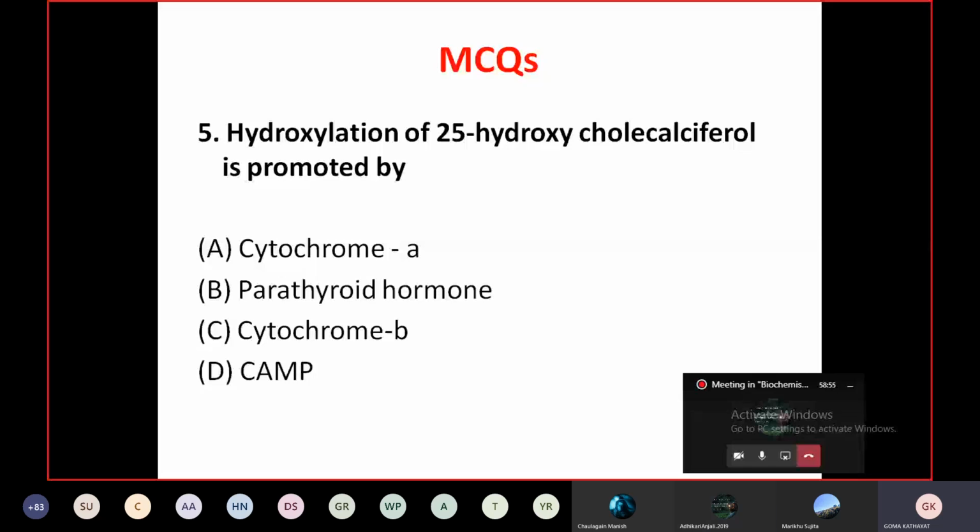B, parathyroid hormone. Okay, parathyroid hormone. So how does parathyroid hormone help in the hydroxylation of 25 hydroxycholecalciferol? Can you tell me?